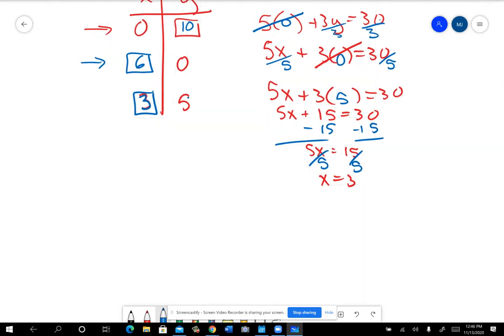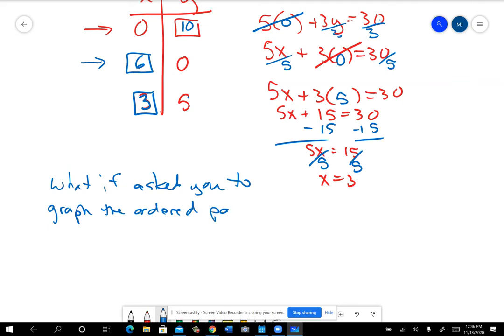All right. So let's go ahead and pretend. What if they asked you to graph those ordered pairs? This is like in number 5.